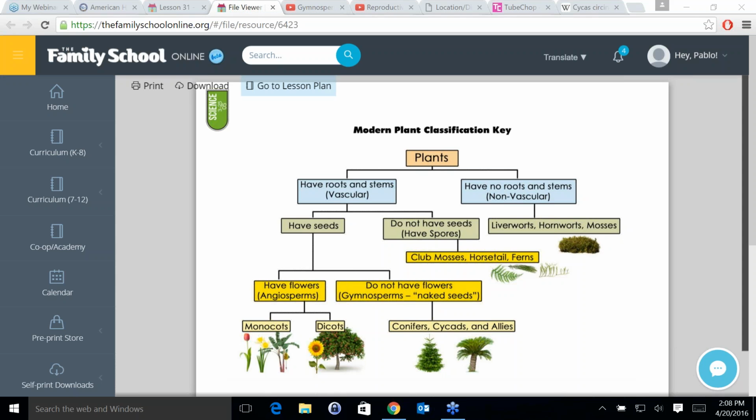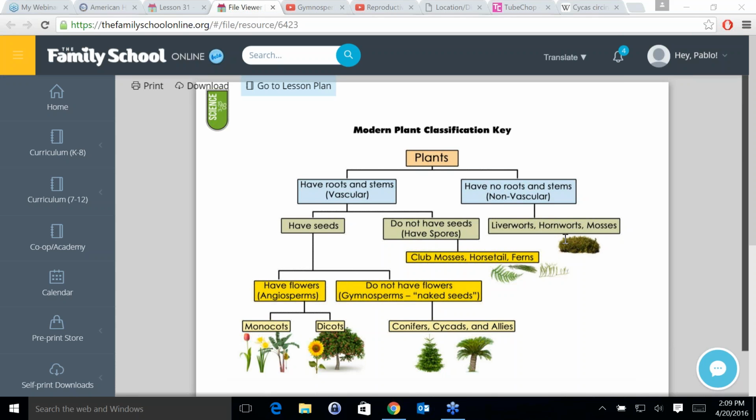So I have a question. In the non-vascular plants, we were looking at the mosses, liverworts, and so on. And then last week, we talked about the ferns and horsetails, okay? How then do the mosses move water around?